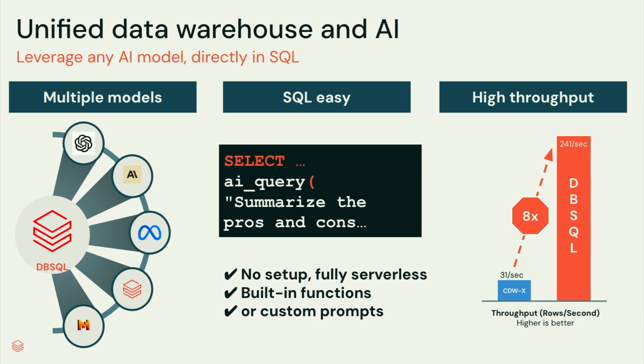So now you can integrate any of the models that you want, including your own custom model that has been approved by your company, and hook it up with DBSQL to query your data. Querying using AI is also very easy. You can call your model within DBSQL with a simple AI query, and you can literally talk in English, saying summarize the pros and cons, and that calls the model and gives you the results.